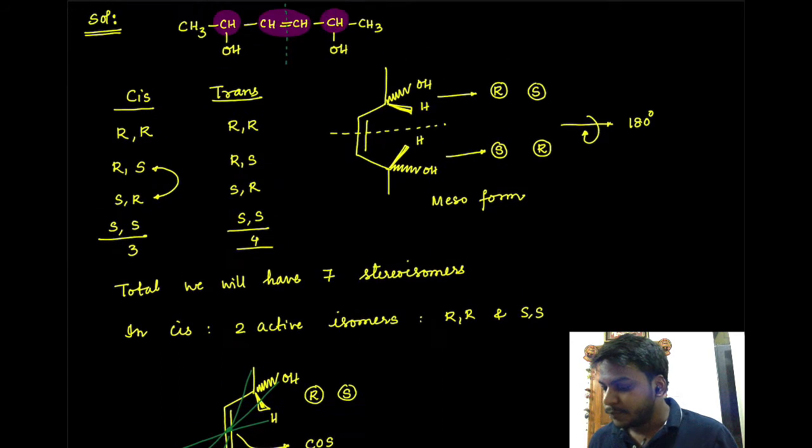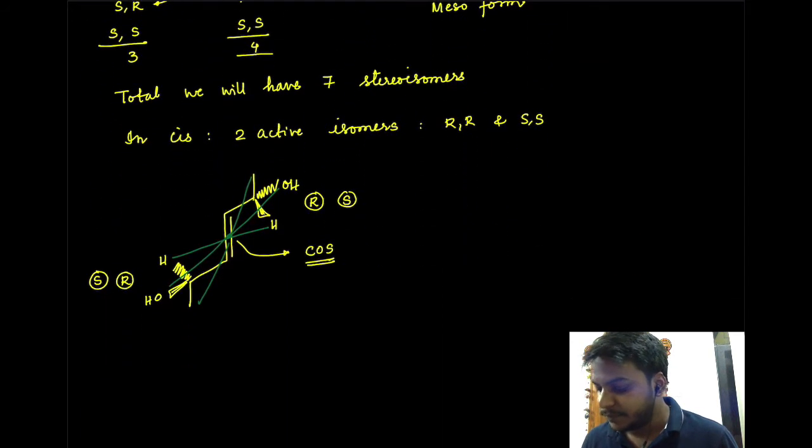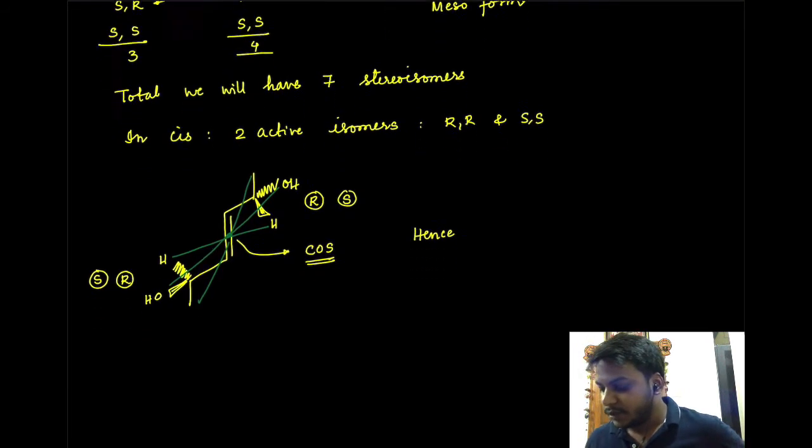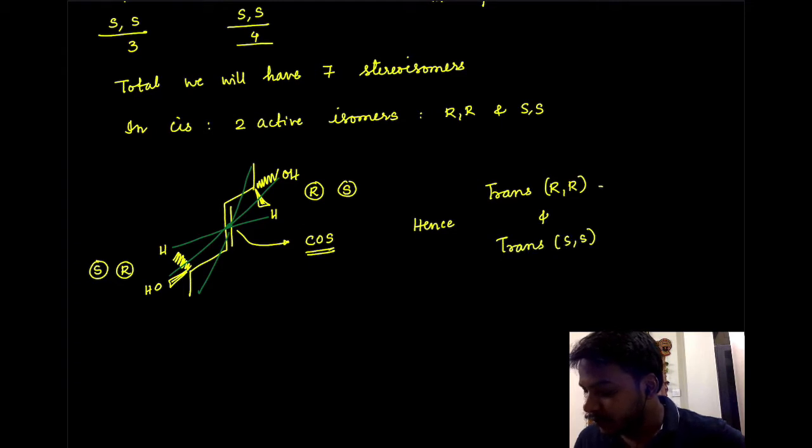So again, when it comes to RS and SR, those combinations would also turn out to be the same. So hence, if we have trans RR and trans SS, both of them will have a center of symmetry.